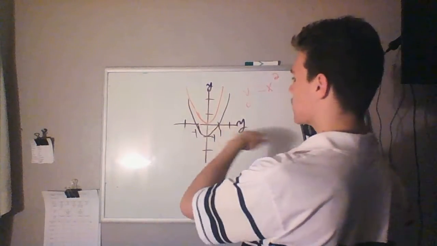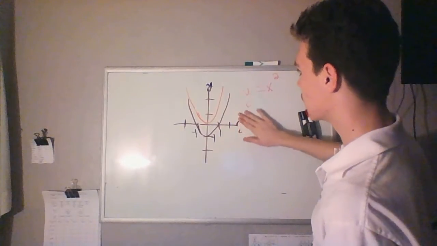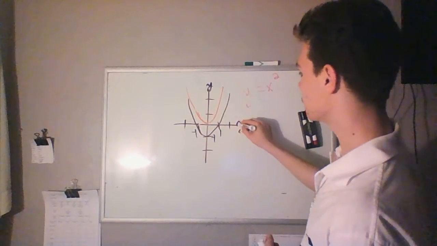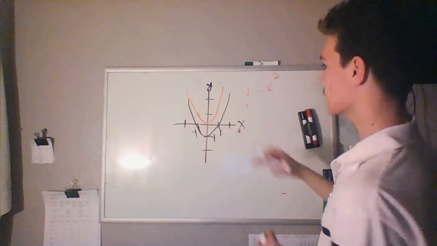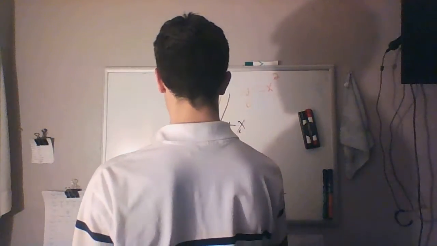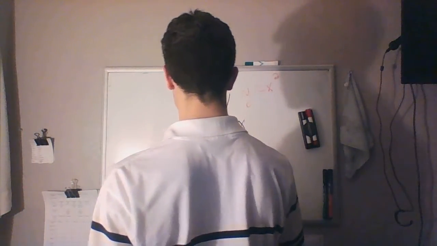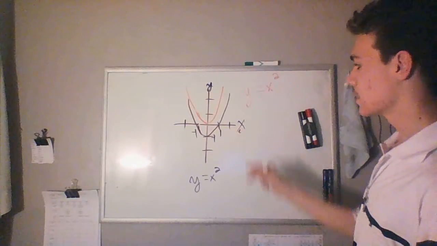Since we're not working with the x-axis, it's not going to be included with that. So we can write y equals x squared. Now we're going to look at what happens to the y. Is it going up 1?